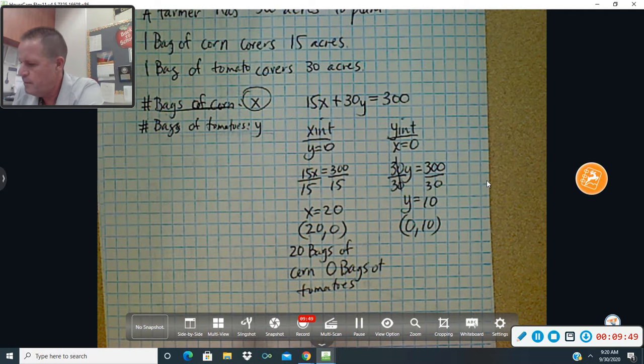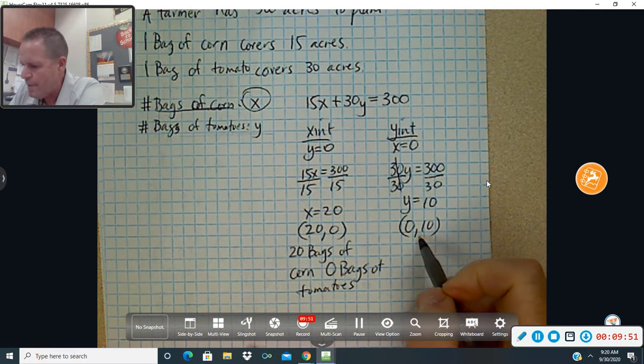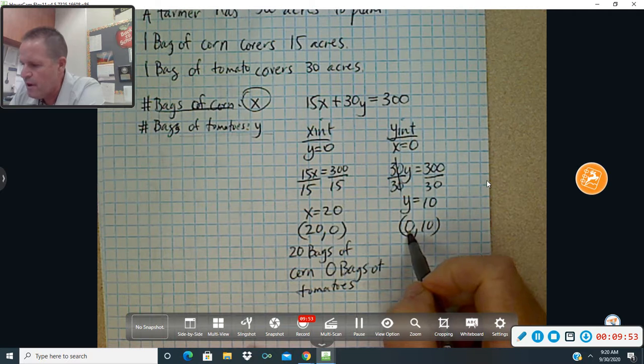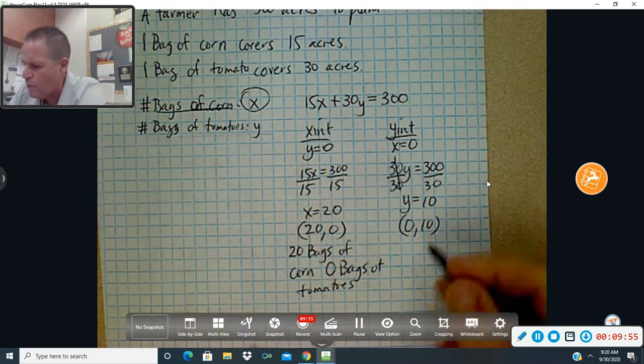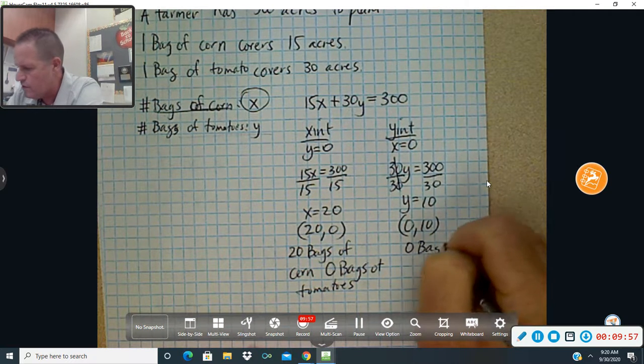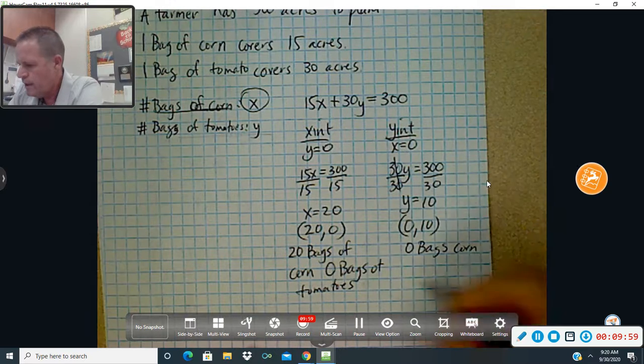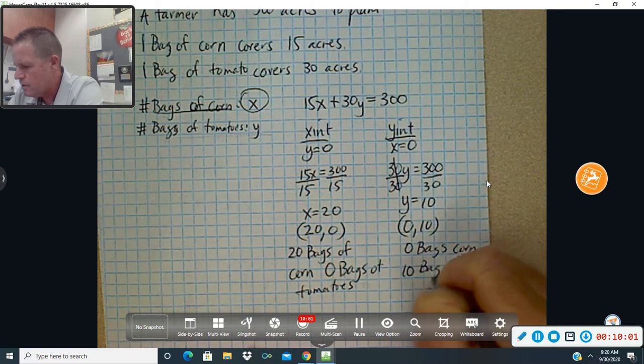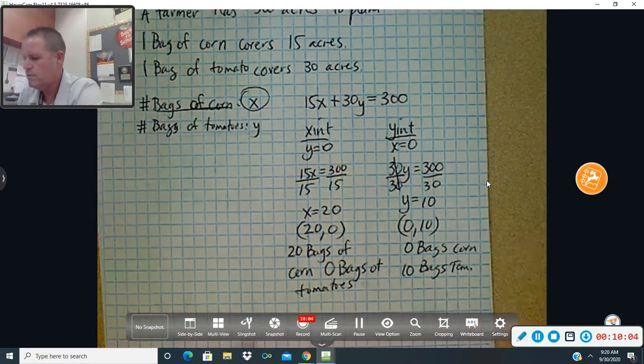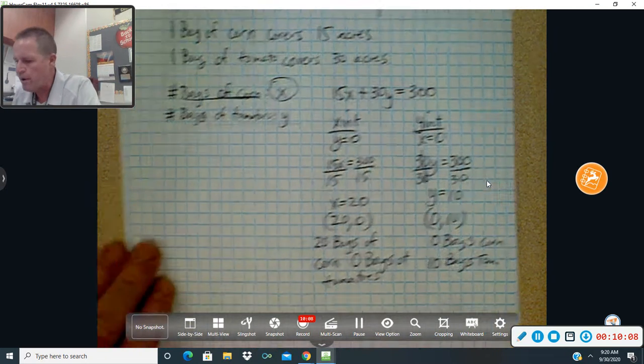So now, what does that mean? Well, it means 0 bags of x, x is corn. 0 bags corn, but 10 bags of tomatoes.